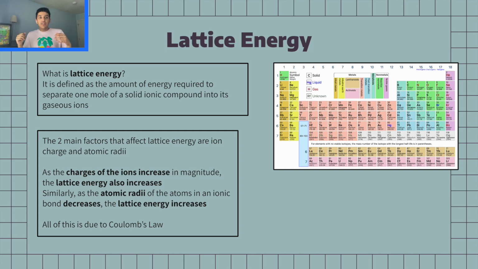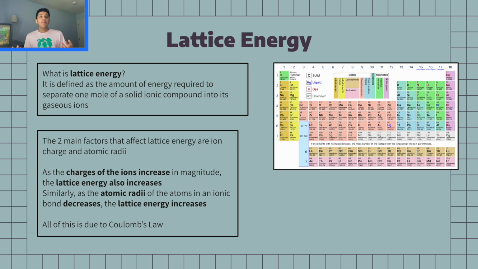In contrast, if you take 2 atoms that have a relatively small atomic radius, they're going to have fewer electrons, which means the electron cloud in the middle will be relatively smaller and the nuclei will be more attracted. So this is why a smaller atomic radius between the 2 atoms of an ionic molecule will cause it to have a higher lattice energy.